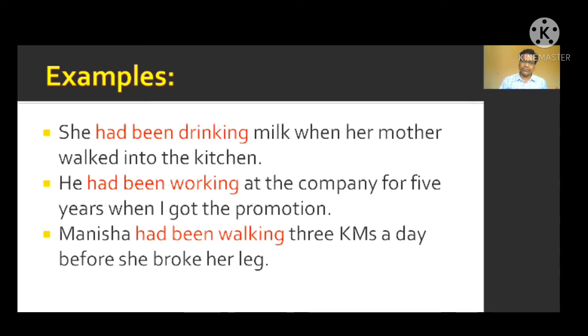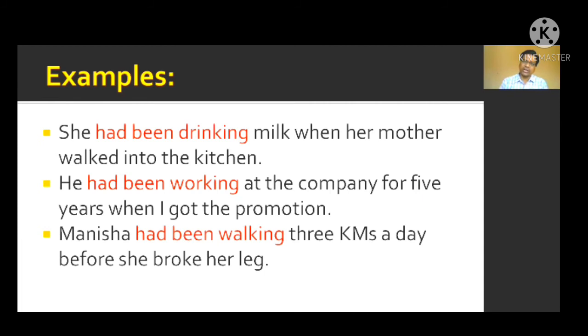The action of drinking started in the past and it continued in the past when the mother entered the kitchen. That's why this kind of thing is said. The action that started in the past continued in the past, right? And that's why such sentences are expressed in past perfect continuous tense, right?